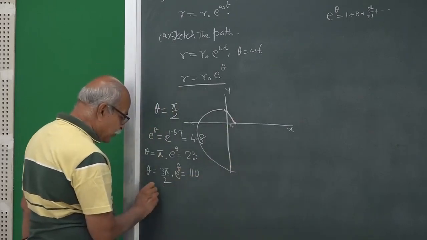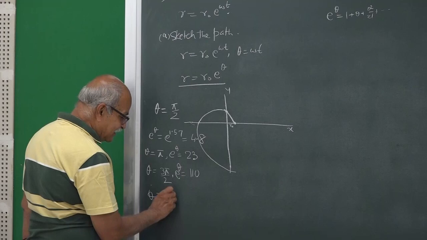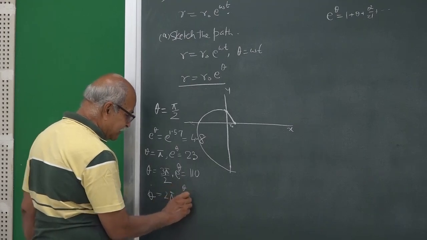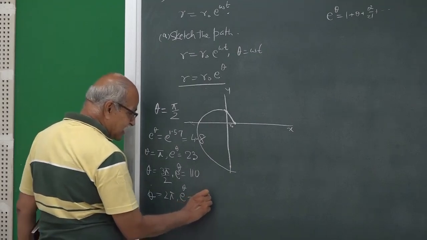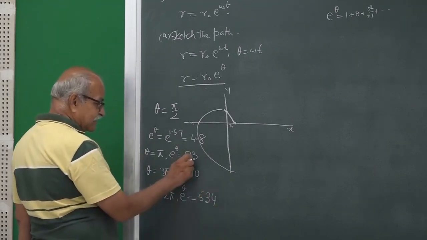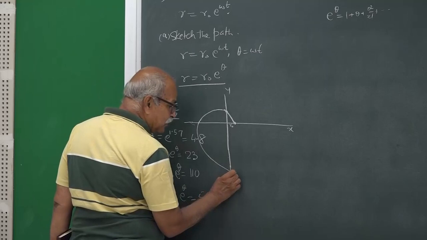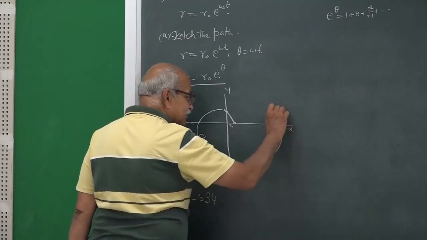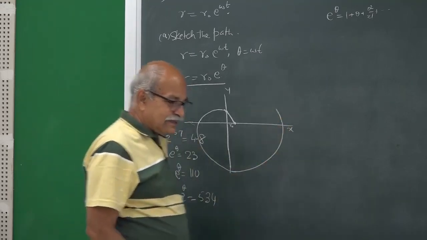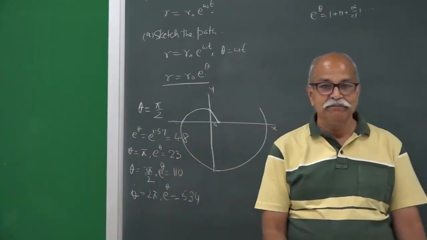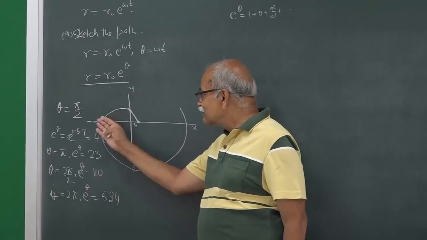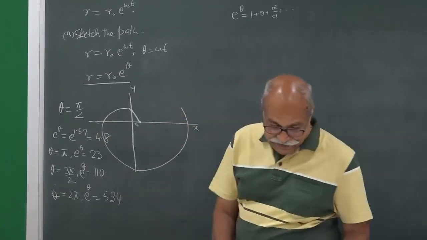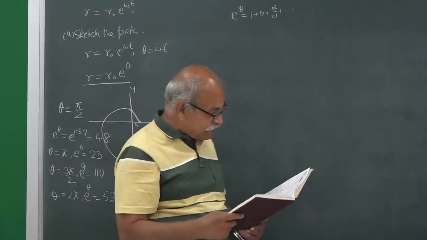When theta is 2 pi, e to the power theta will be very high, it is 534, square of this. So, it will go like this and so on. So, this kind of spiral will be there. You can draw a much better one, and look at the angles which we will be doing in the other sections anyway. So, this is part A.